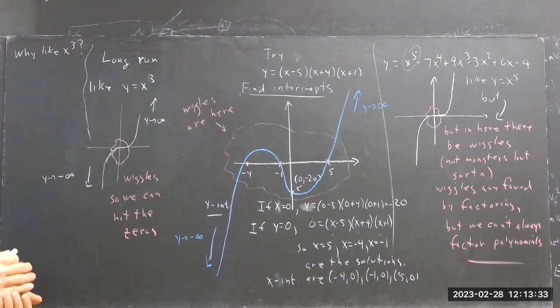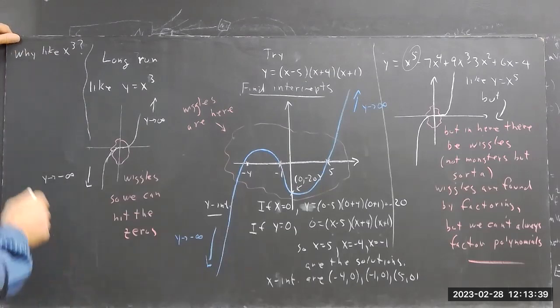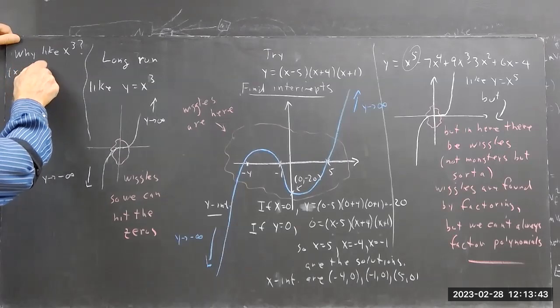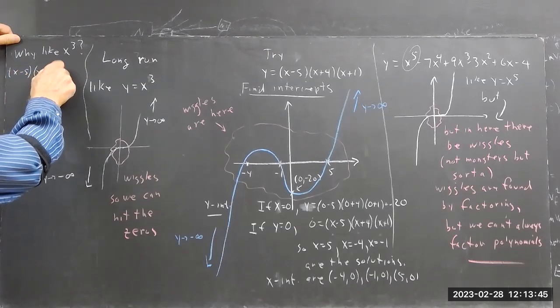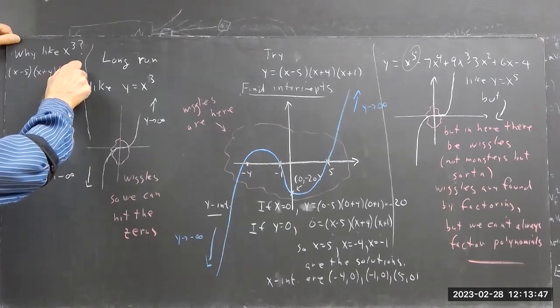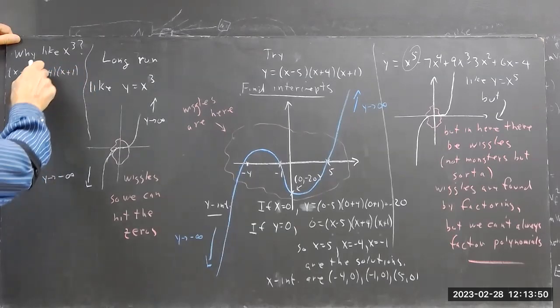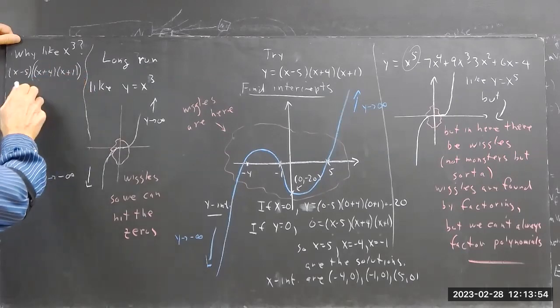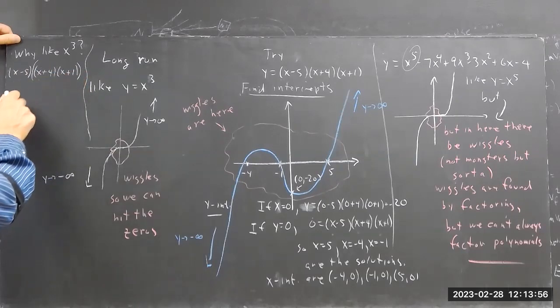You ought to be a little skeptical because sometimes I say things wrong. But why is this like x cubed? Well, I multiply this out, and I multiply by first multiplying these two terms.